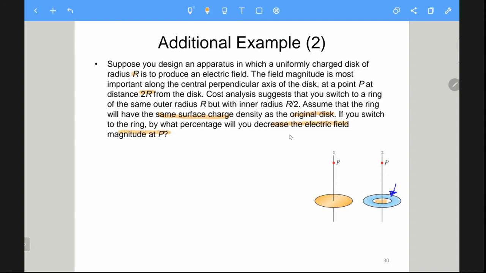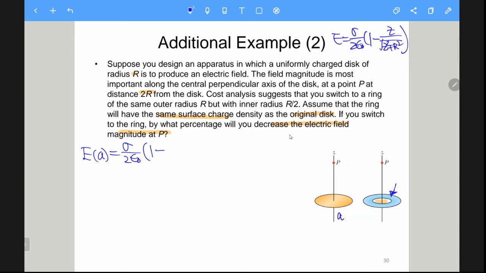Okay, so assume that this one is A. According to what we have derived earlier, E_A will be sigma over 2 epsilon naught times 1 minus Z over square root of Z squared plus R squared.